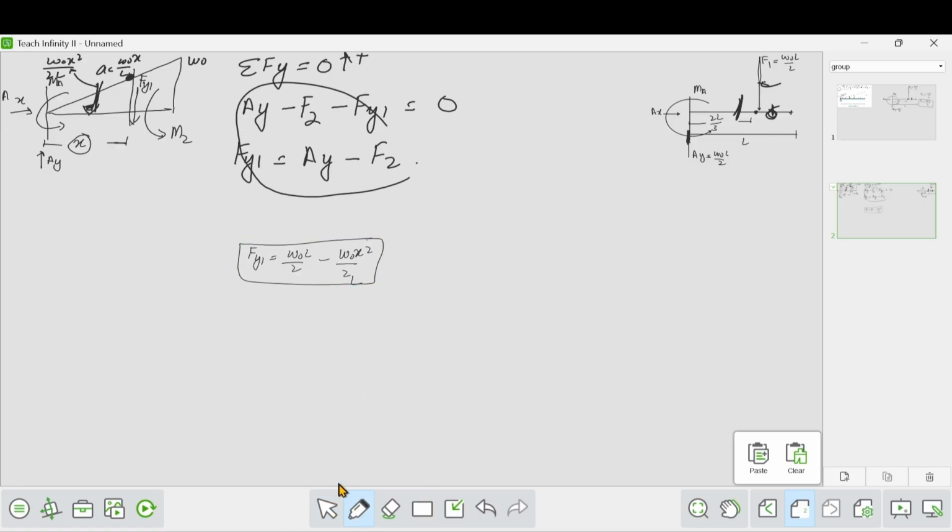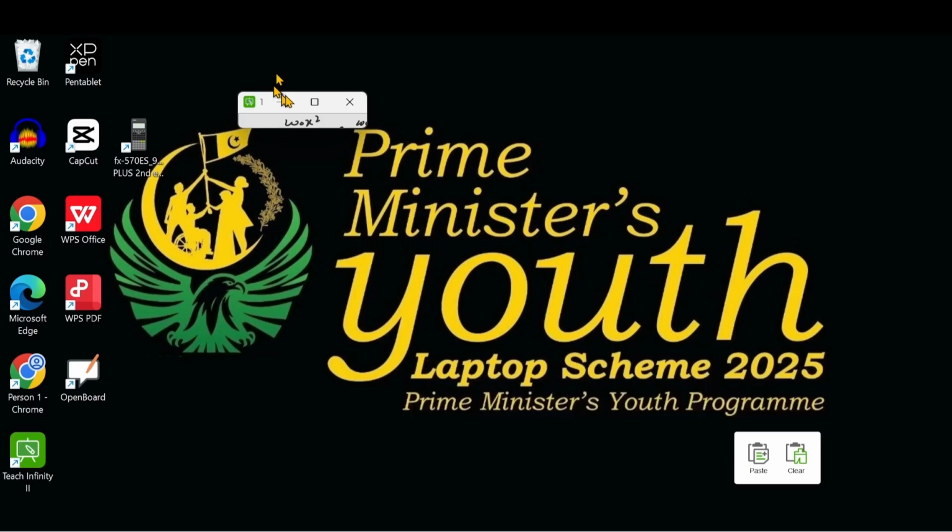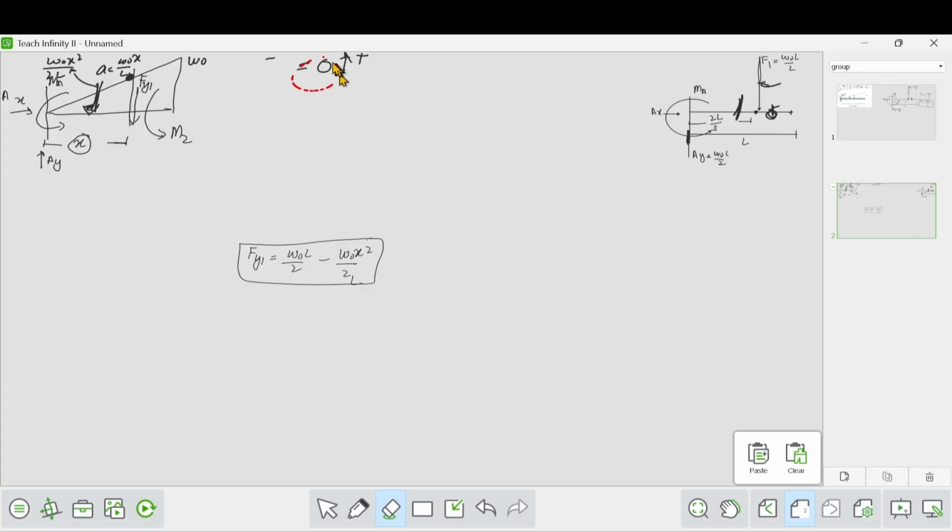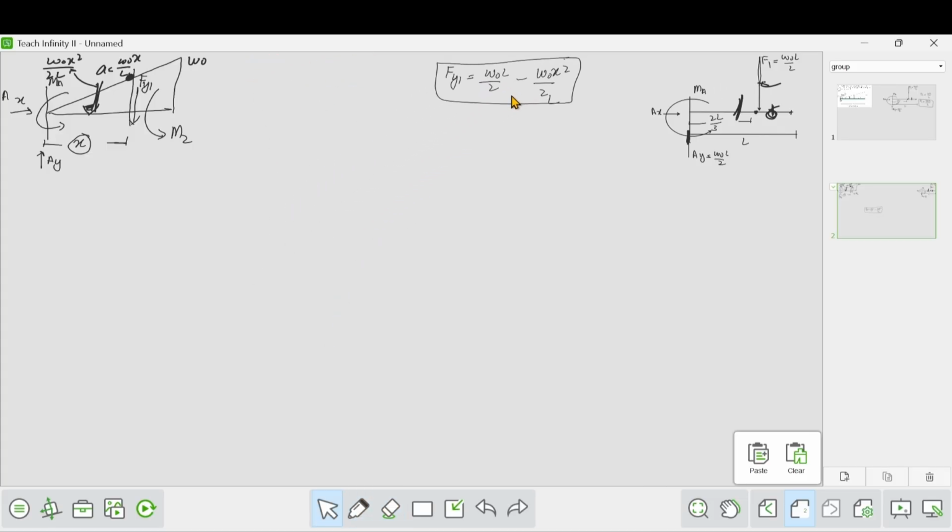After that, I want to find the moment at any place. I find a generalized equation for moment at any place. This is the shear force which we have found, and now we take summation of moment at any point equal to 0. The force which rotates the beam anticlockwise will be taken as positive.